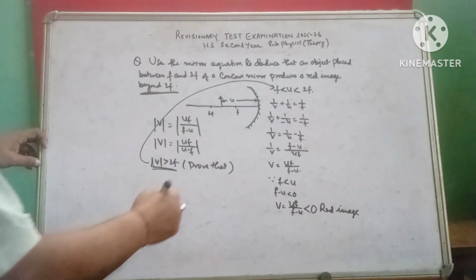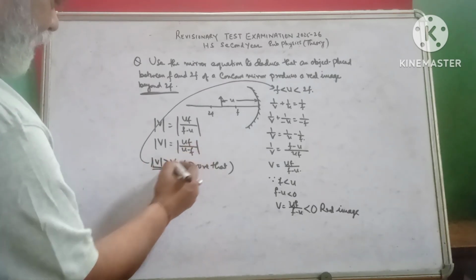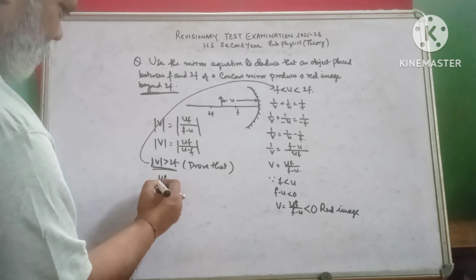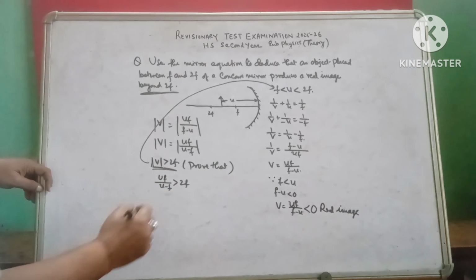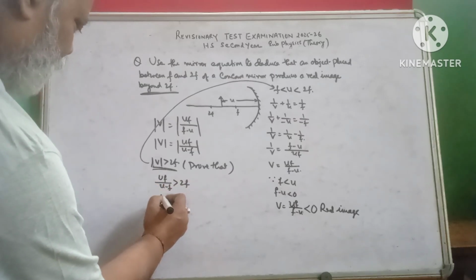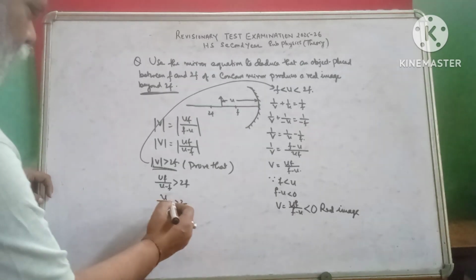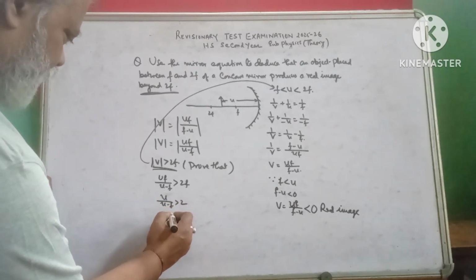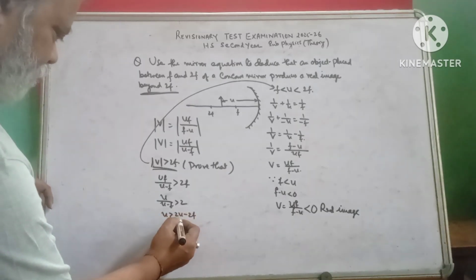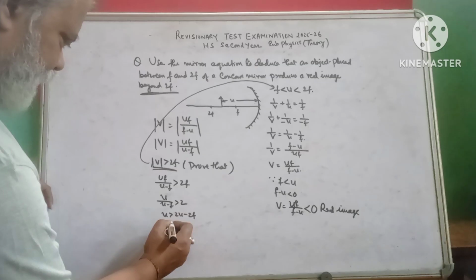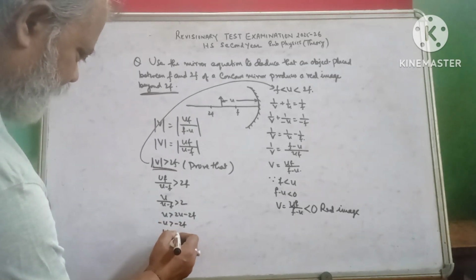So how to do it? Here, modulus V is UF by (U minus F), greater than 2F. So here U by (U minus F) is greater than 2. So here U is greater than 2U minus 2F. So minus U is greater than minus 2F. So U is less than 2F.